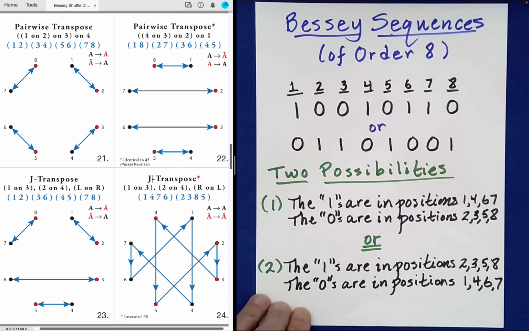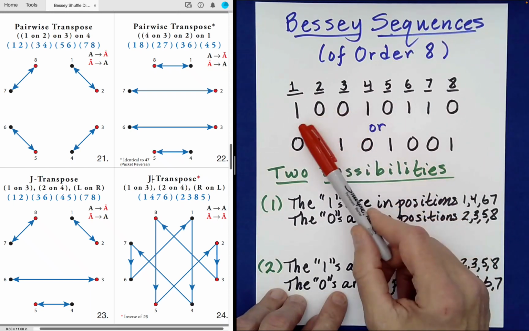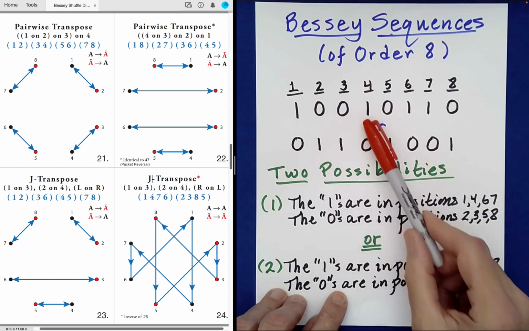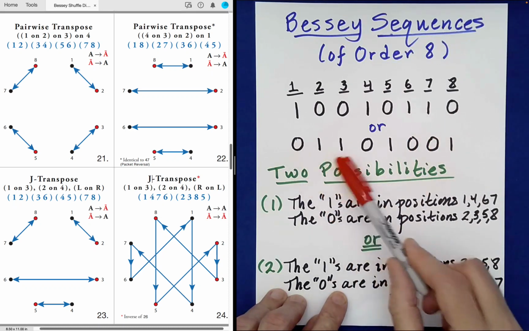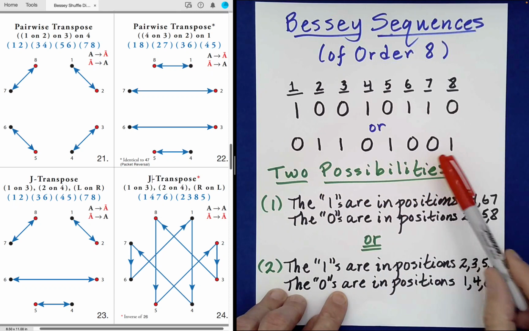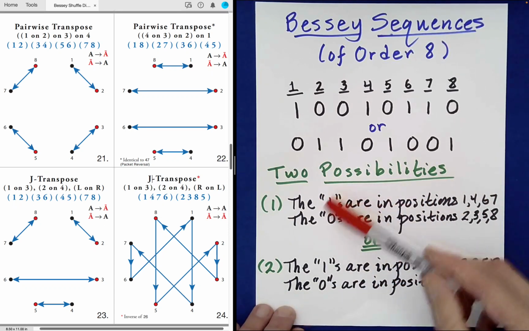Finally, before we move into demonstrating the new shuffles for today, recall the Bessey sequences 1 0 0 1 0 1 1 0 and its inversion 0 1 1 0 1 0 0 1 can be described in two ways.